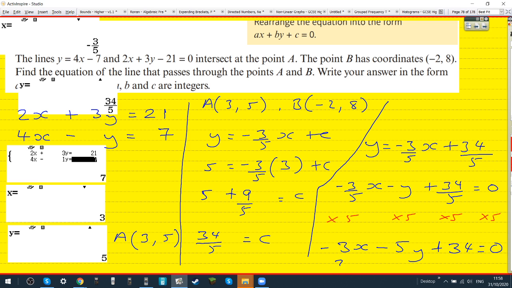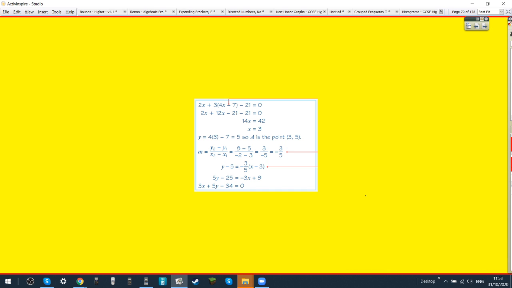Yeah, and they probably wrote it as positive 3x, positive 5y, negative 34. So 3x, 5y, minus 34 equals 0.